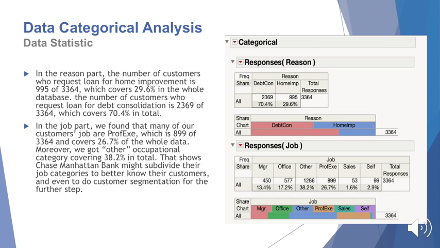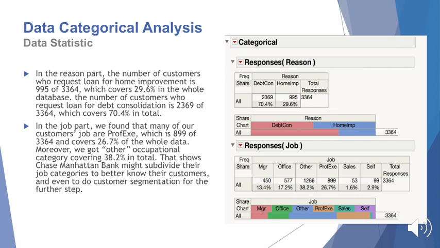After that, we did a categorical analysis of reason and job to deeply understand what is going on with our customers and how they feel about our loans. In the reason part, the number of customers who request a loan for home improvement is about 1,000, which covers about 30% of the whole database. The other 40% of the customers request loans for debt consolidation.